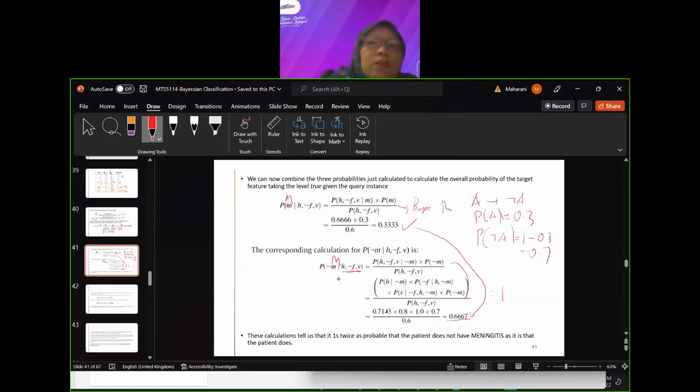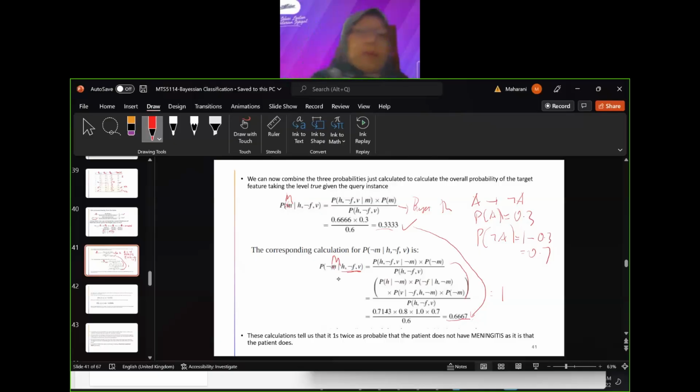Because the meningitis probability is only 0.33, which is quite small compared with the non-meningitis 0.67. So the chance of the patient getting meningitis is only 0.333, very small compared to non-meningitis. This one is bigger than this one. So if the patient has headache and vomiting and no fever, it means the patient didn't get meningitis. That's the conclusion.